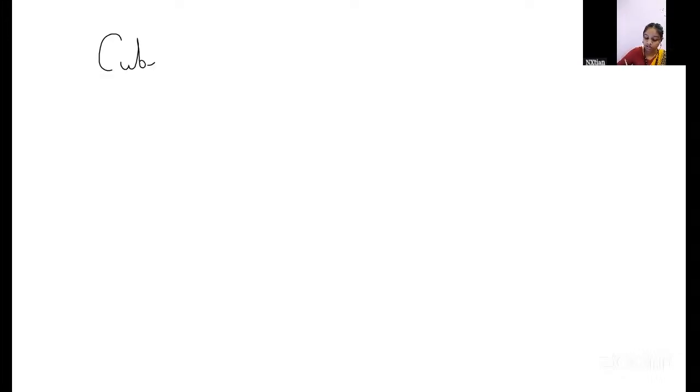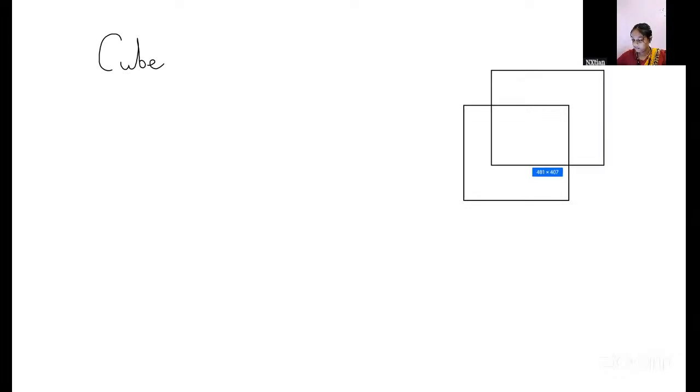Cube. Now, a cube is a figure which looks like this. Square, another square. And then we join the edges.